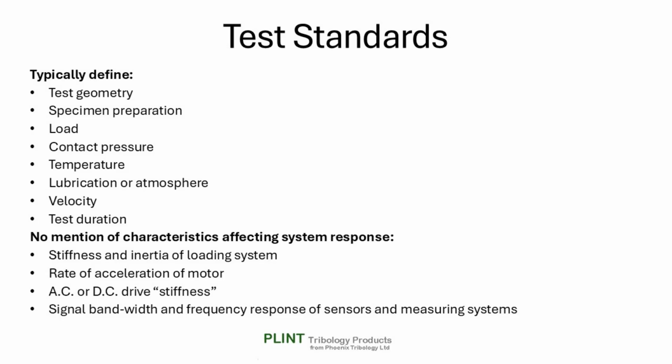In this talk, I will explore some of the effects of these undefined parameters on various long-established test systems. The data presented will hopefully provide an explanation for why nominally identical test procedures run on different machines with similar test geometries give substantially different results.